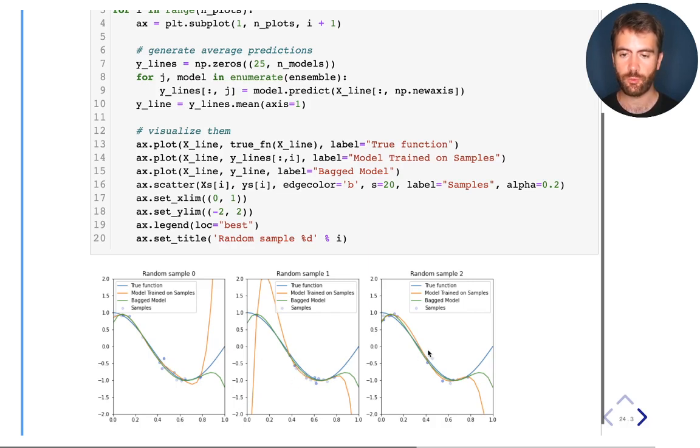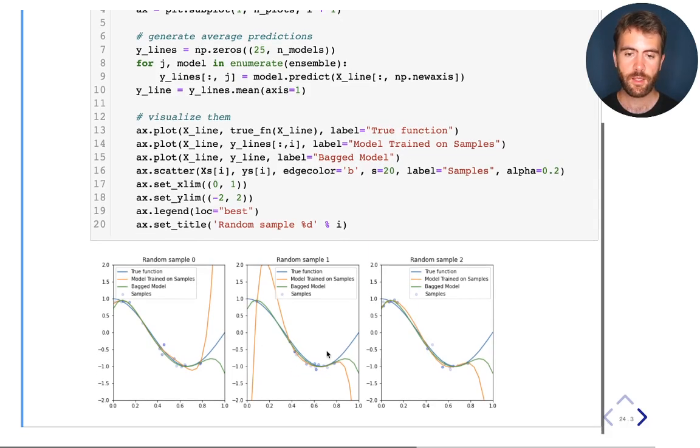These are the small blue points, and the orange line is a polynomial regression that has been only trained on these blue points. And you can see that it has really different behavior at each. Basically, the predictive model is very different depending on which subset of the data we choose.